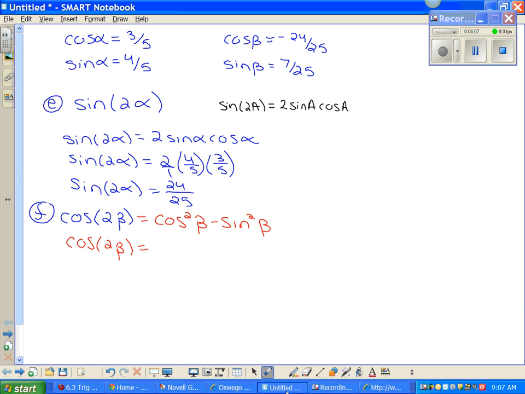Okay. What's cosine of beta? Negative 24/25, and I do have to square it. And sine of beta? 7/25, and I do have to square it. Okay. So when I plug this in my calculator, I get what?